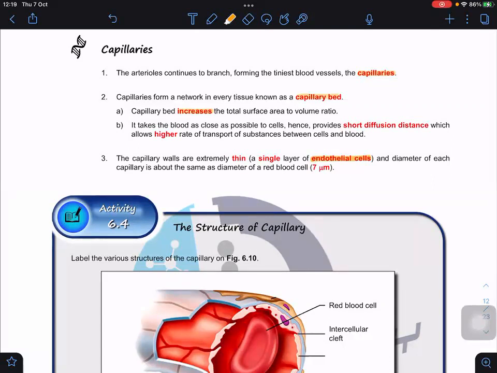Now, what's the difference between endothelium and endothelial cells? We use the word endothelium, which means tissues. So the cells that form the endothelium are known as endothelial cells or squamous epithelium. You can use either endothelial cells or squamous epithelial cells.